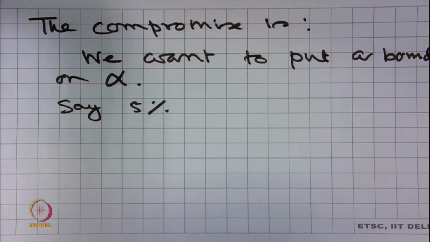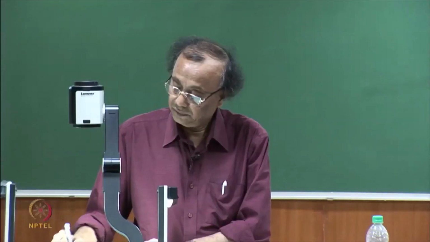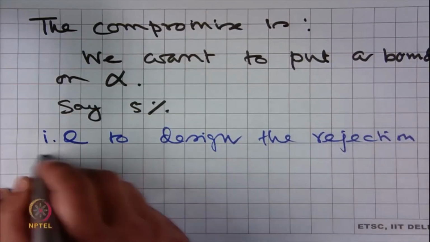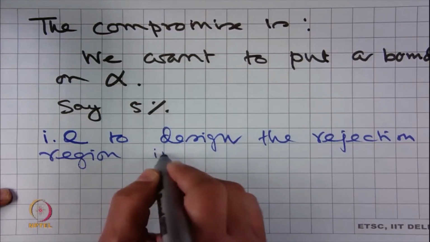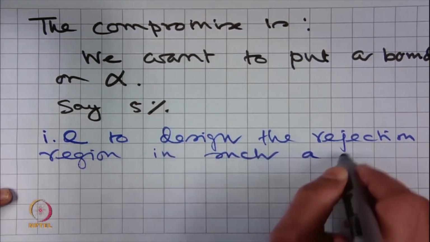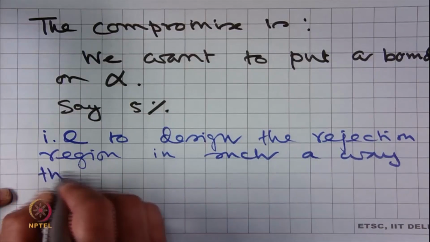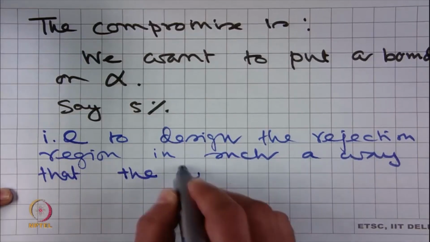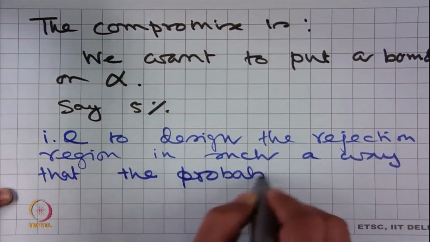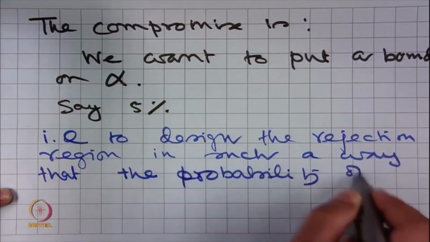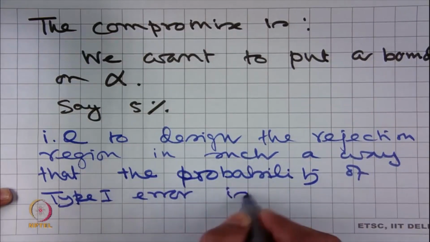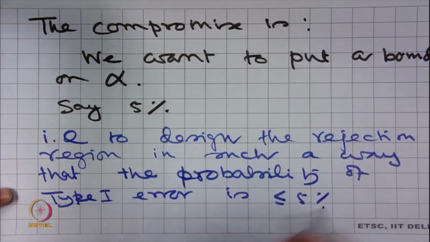That means that we have to design the rejection region in such a way that the probability of type 1 error is less than or equal to 5%.